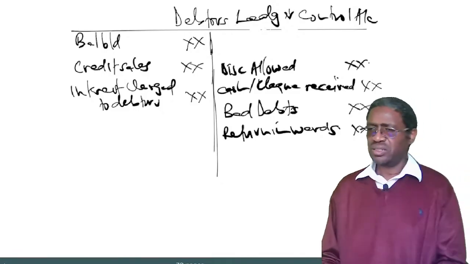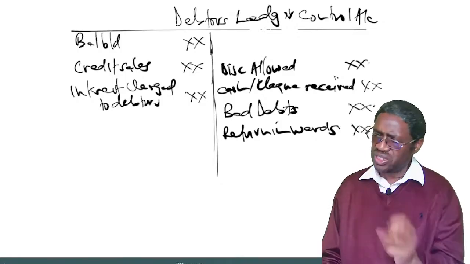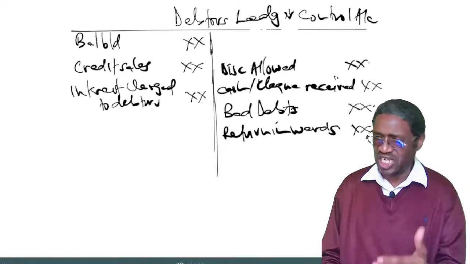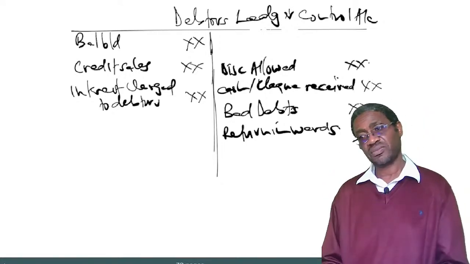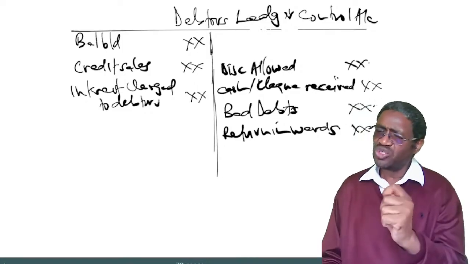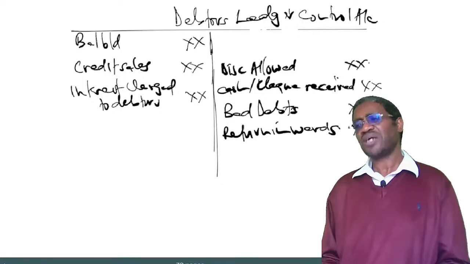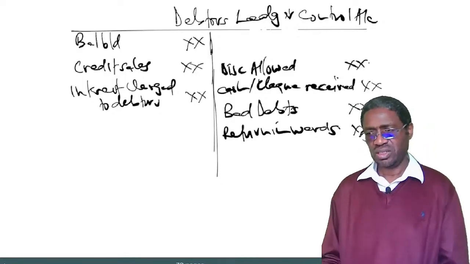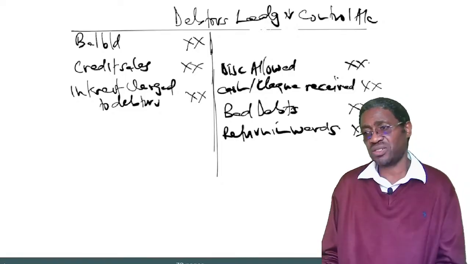This check that we received from debtors, immediately we received it, we debited bank in our books and we credited debtors. Suppose when we went to present the check to the bank, the bank told us that they can't honor that check. Why? Because maybe the debtor did not have sufficient funds.